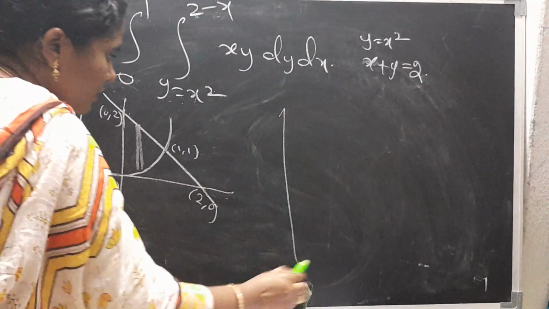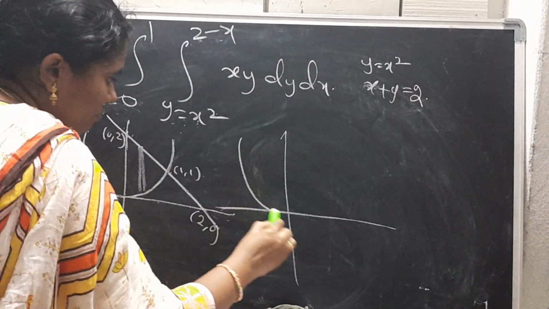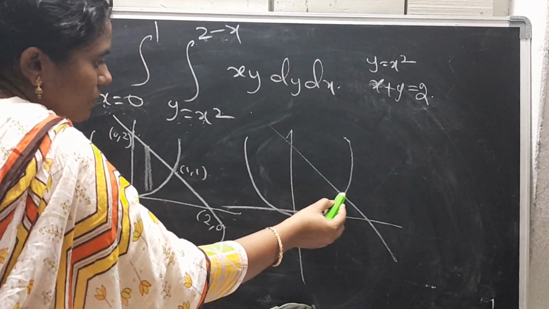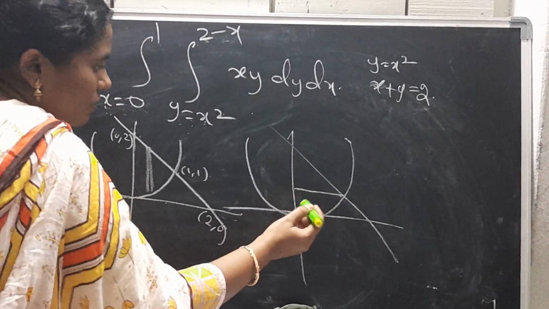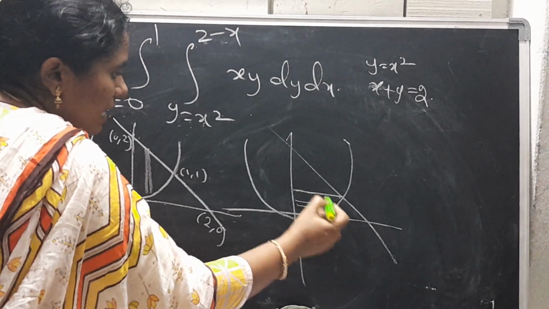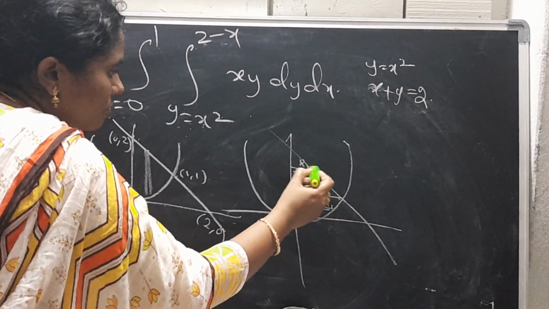Now you need to change it to a horizontal strip. So this is the middle of this one. A horizontal strip means the region is divided into two parts. This is the R1 region, this is the R2 region.